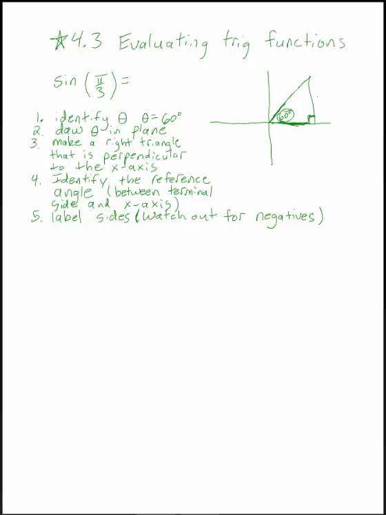So opposite 60, I'm going to have root 3. The 30 degrees is up top, so opposite that I get the 1, hypotenuse of the 2. And then my last step is to just evaluate. So I look at the reference angle, which is 60 degrees, and I figure out what is the sine of that angle. Well, opposite over hypotenuse, since I'm evaluating sine. So my answer is root 3 over 2.